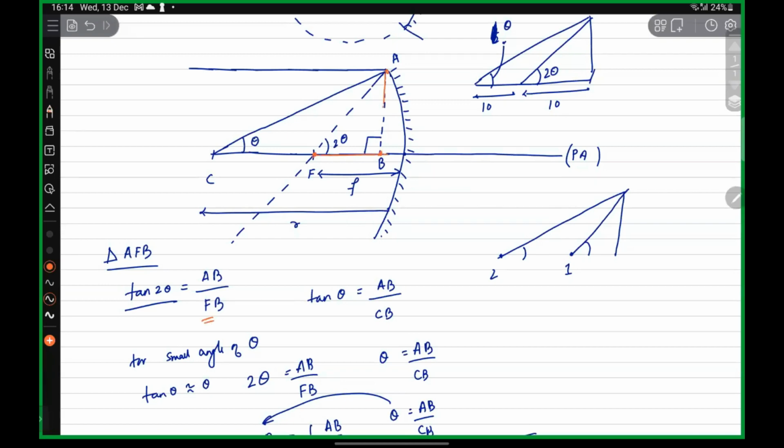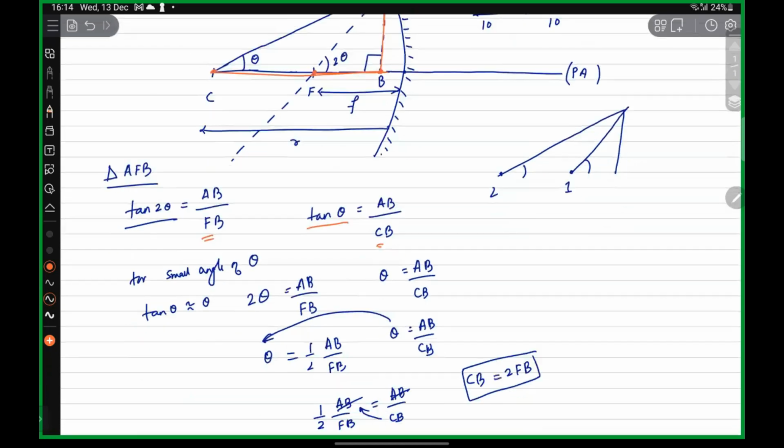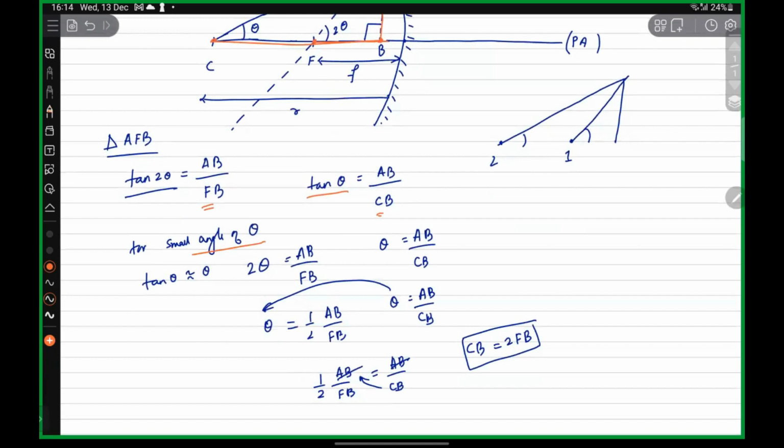Then I took another triangle ACB, where tan theta is AB by CB. Now for small angle of theta, tan theta is theta. Tan 2 theta will also be 2 theta. So your 2 theta will be equal to AB by FB. That is exactly what I wrote here. I just removed the tan because for small angles, tan theta is theta only. And in this case, tan theta is AB by CB. I did theta equal to AB by CB.